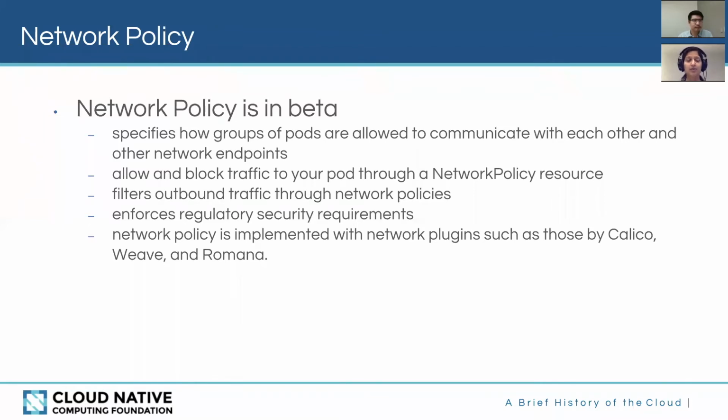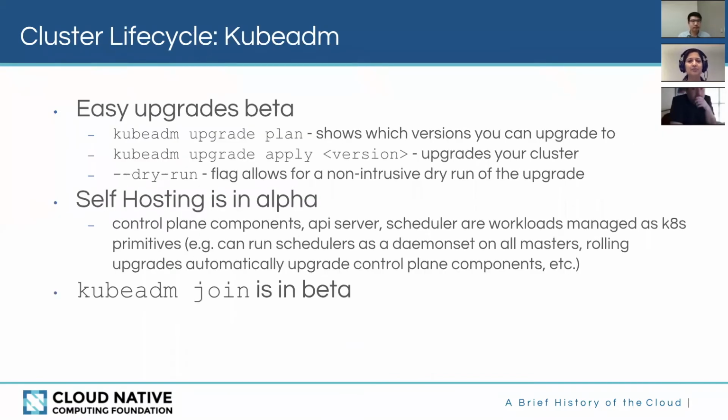This happens to be what we use on Google Container Engine in Google's cloud, but also Weave and Romana provide network policy plugins. And in this particular release, in 1.8, network policy has added support for CIDR and egress-based policies. That's an additional feature. And we hope to be able to graduate network policy to stable in the next couple of releases. Next slide, please.